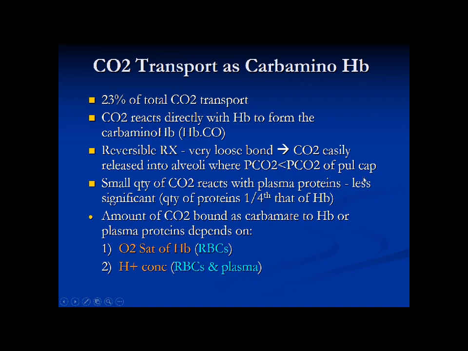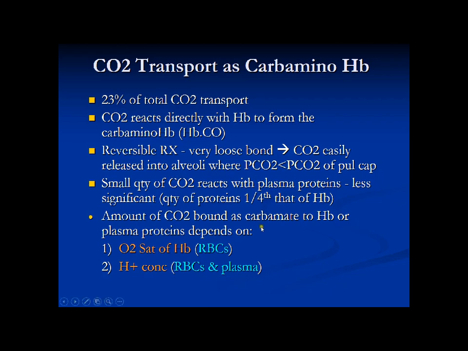A small quantity of carbon dioxide also reacts with the plasma protein, because when carbon dioxide reacts with the hemoglobin, which is a protein, why would it not react with the proteins present in the plasma? If you compare the quantity of plasma protein with hemoglobin, hemoglobin is 4 times more than the plasma protein.